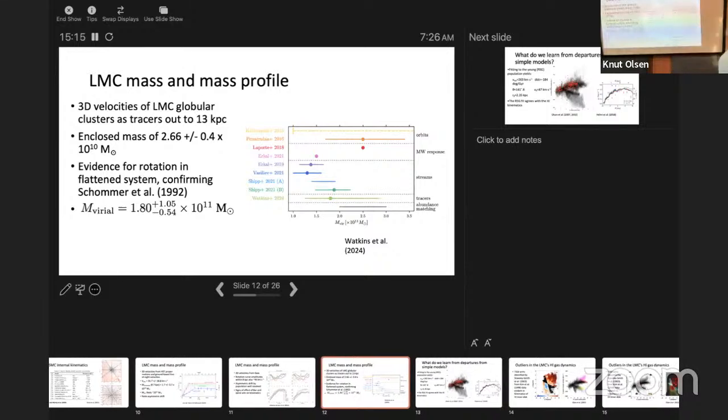And to really pin down the total mass of the LMC, it helps to get tracers as far out as you can, as was done by Laura Watkins.